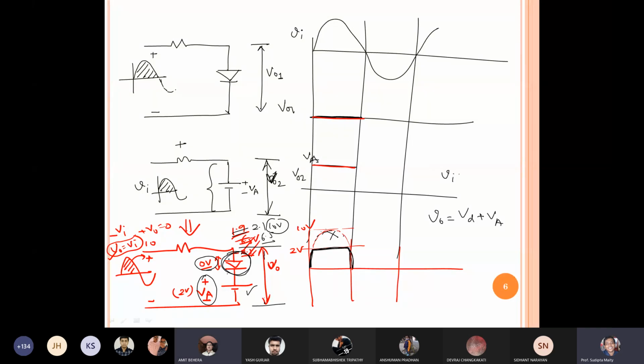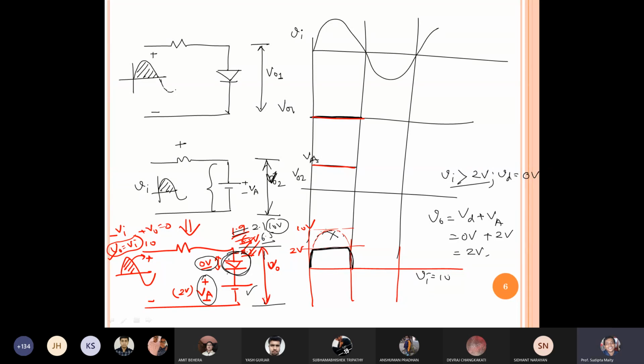Now if VI is greater than 2 volt, then what is the value of VD? 0 volt. Write 0 volt, and VA we have assumed to be 2 volt. So the output will be 2 volt.